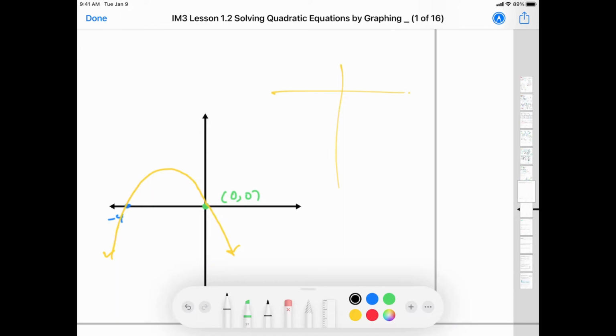-5, -5; -4, 0; -3, 3; -2, 4; -1, 3; 0, 0; and 1, -5.